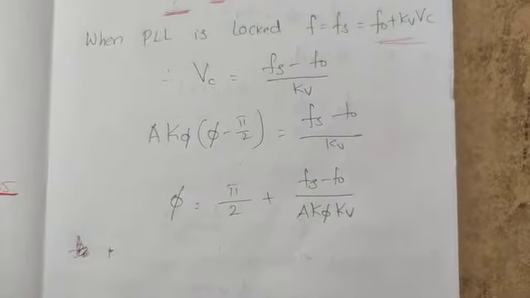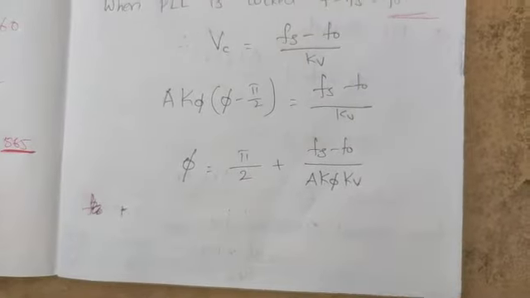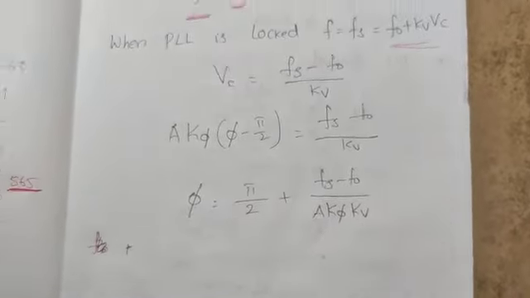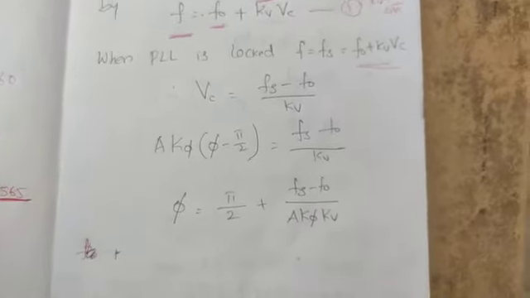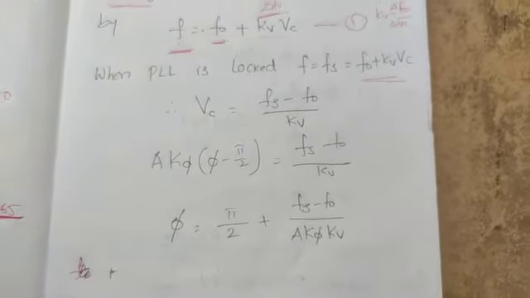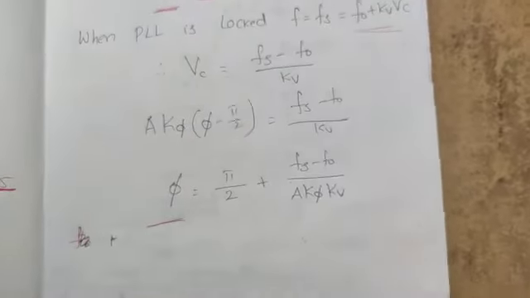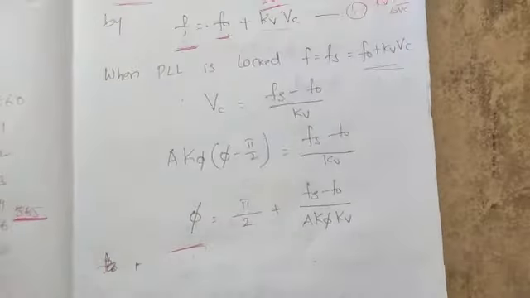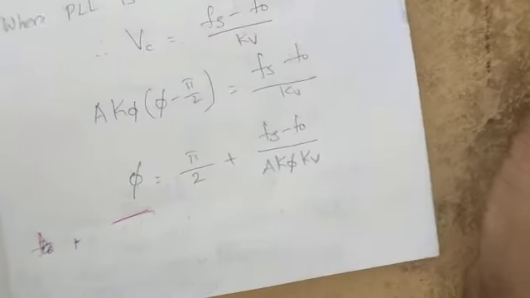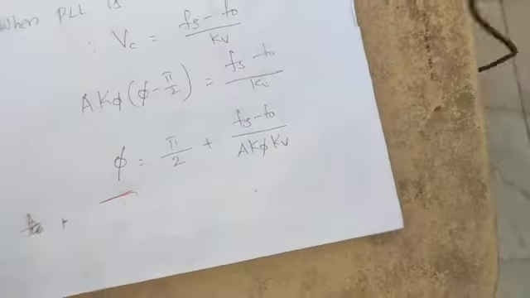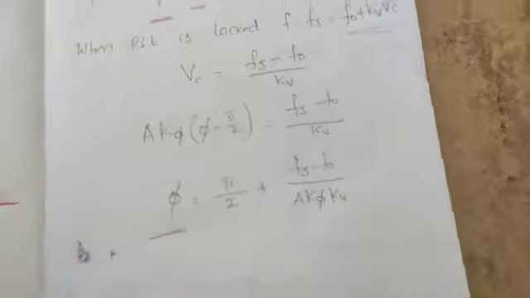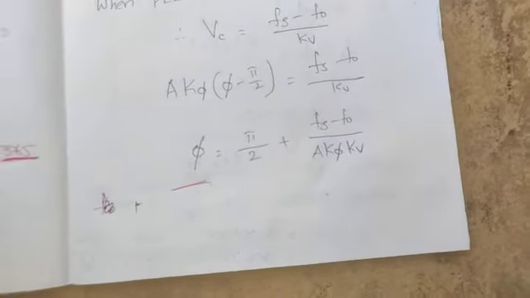Here pi is the phase angle, which gives the phase difference between the input signal and the output of the VCO.